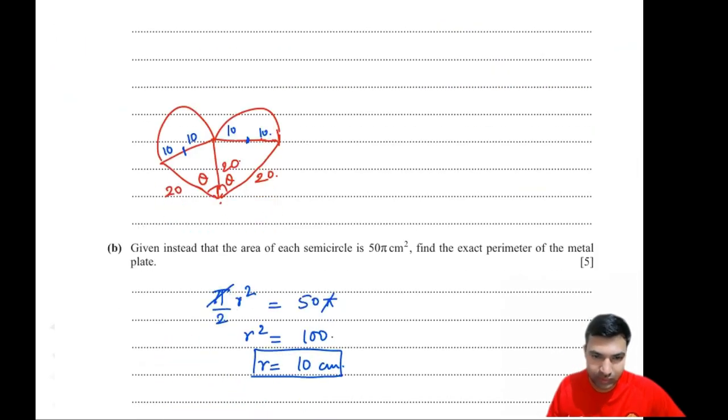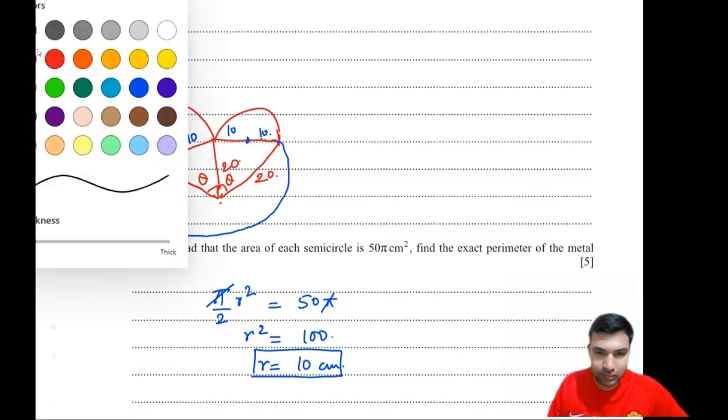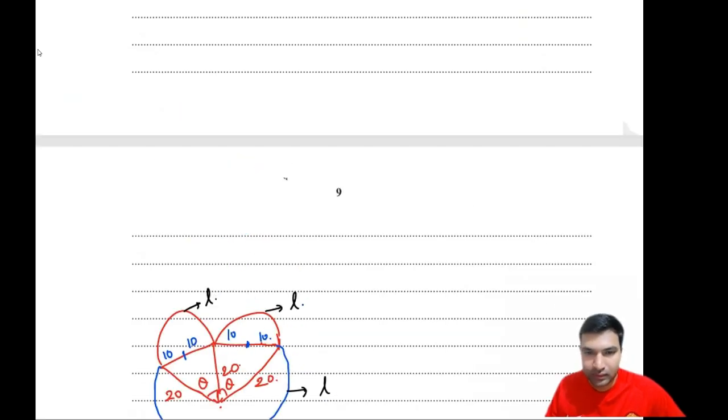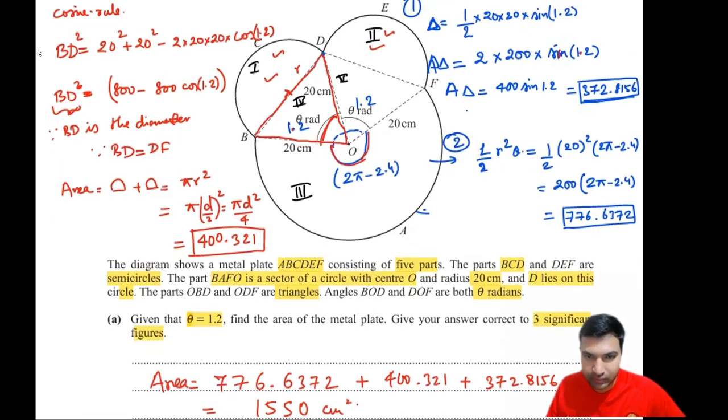So let me put it like this shape. So here we need to find this length L, and this length L. And then we need to add them up. So that is the entire perimeter. What else do we need to find? Perfect.